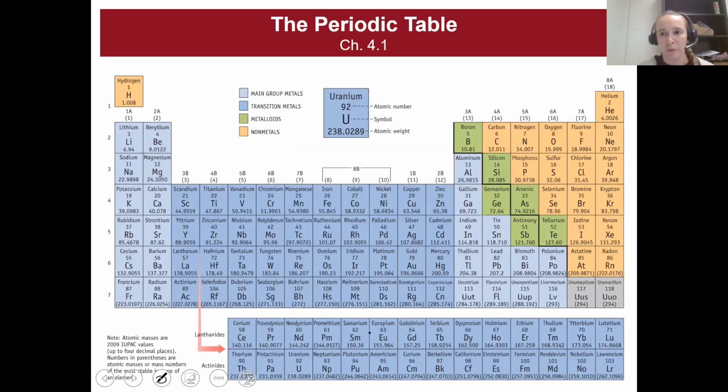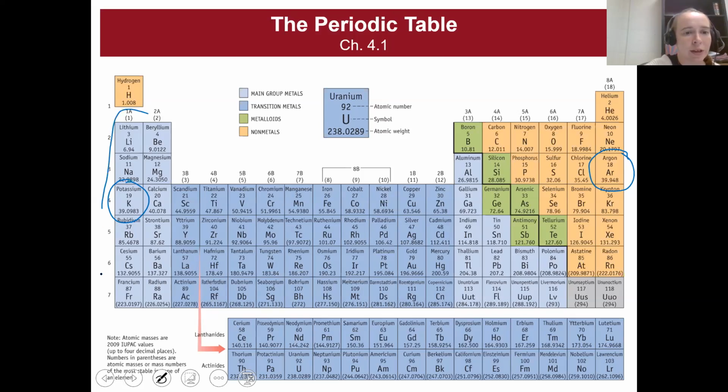Just to prove my point, argon over here in group 18 has a mass of 39.948, and potassium has a mass of 39.0983. So they are only put in the order that we see them because of their properties.